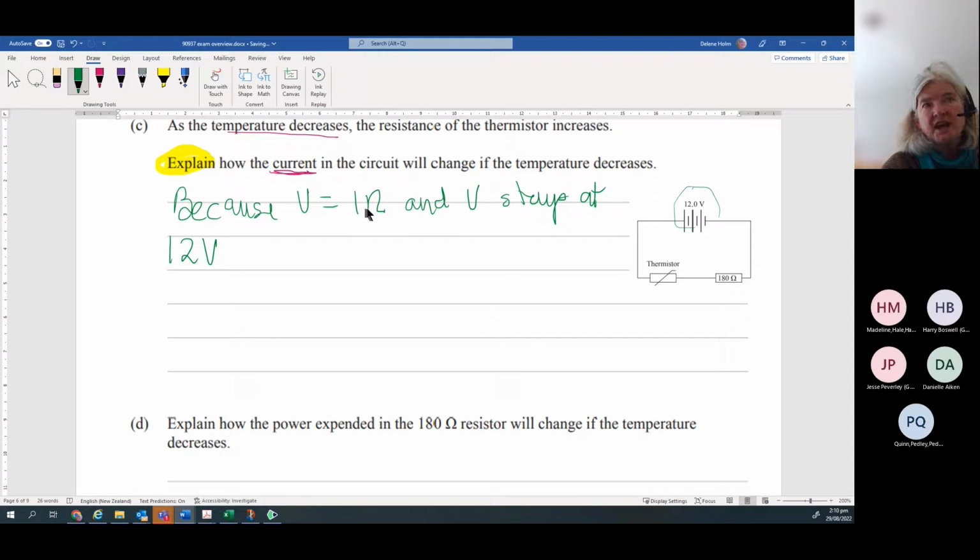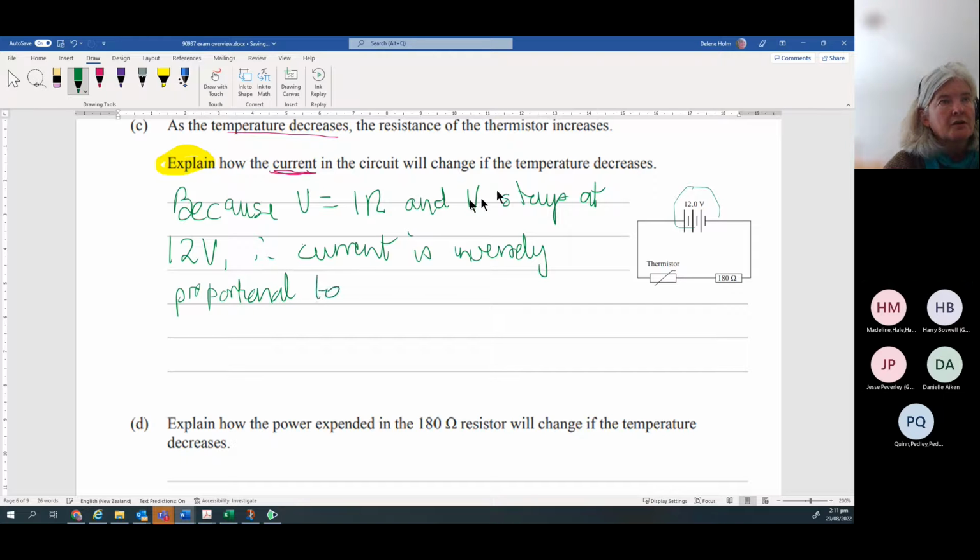So because V is equal to IR and V stays at 12 volts, therefore current is inversely proportional to resistance.